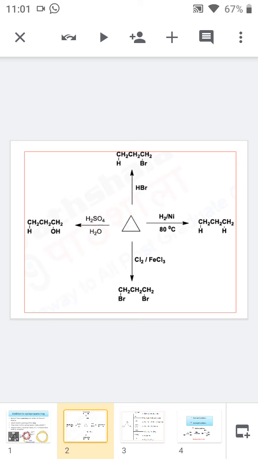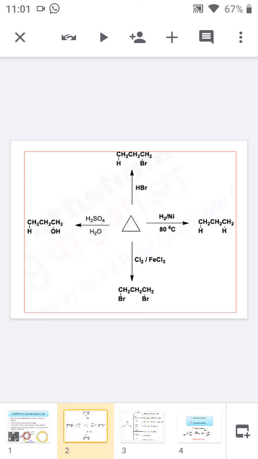Similarly, in hydrogenation in the presence of a nickel catalyst, the reaction occurs at a low temperature of 80 degrees Celsius and the cyclopropane ring is converted into propane. If you add water in the presence of acid as catalyst, hydration will occur, and chlorination occurs in the presence of the Lewis acid FeCl3.